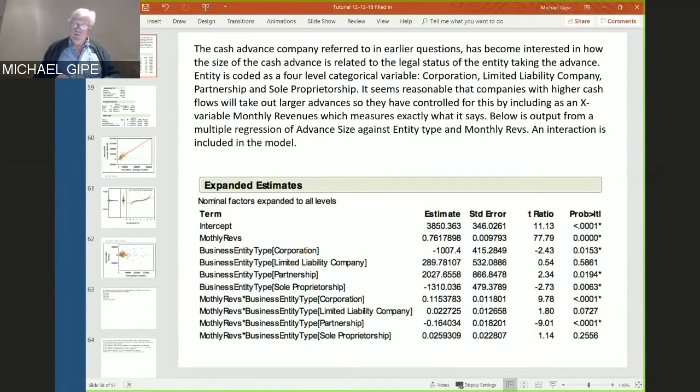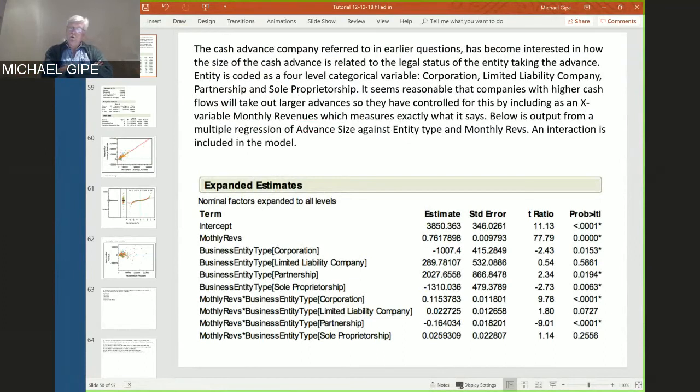And so the cash advance company referred to in earlier questions has become interested in how the size of the cash advance is related to the legal status of the entity taking the advance, so the customer. The entity is coded as a 4-level categorical: corporation, limited liability, LLC, partnership, and sole proprietorship.